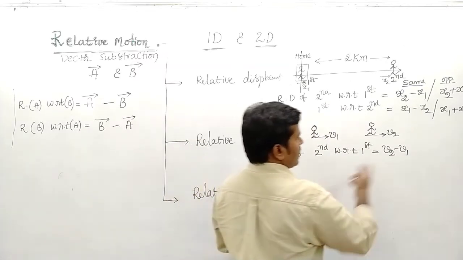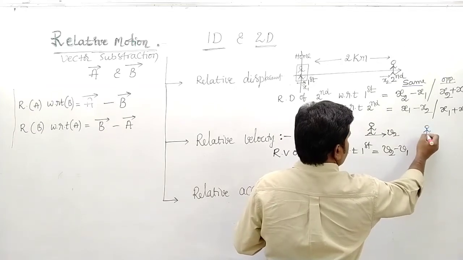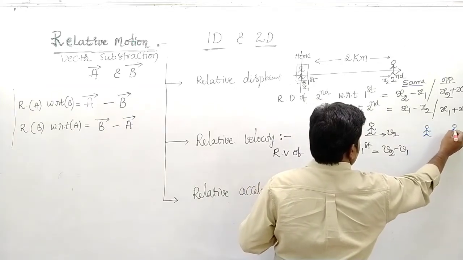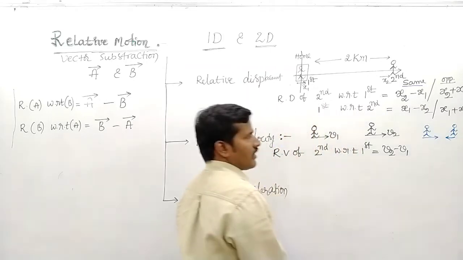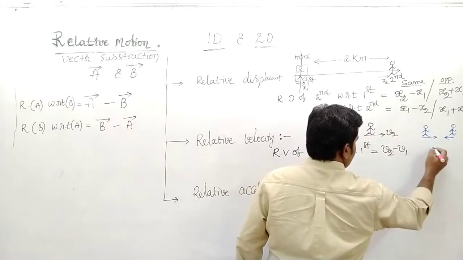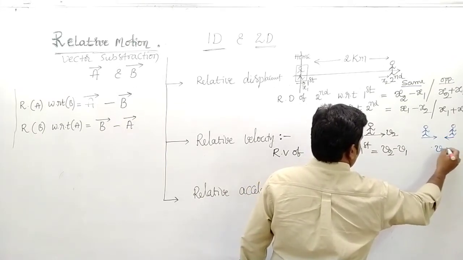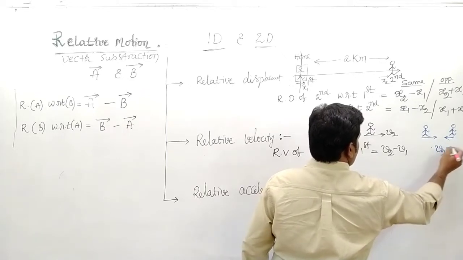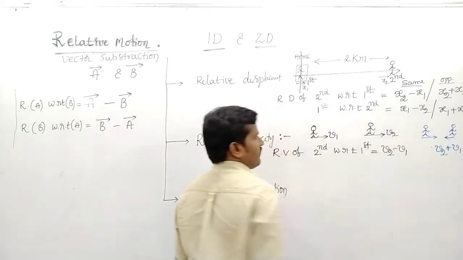In the opposite direction, one person, first, and second are approaching. In this condition, the relative velocity of second with respect to first is written as v2 minus of minus v1, that is v2 plus v1.